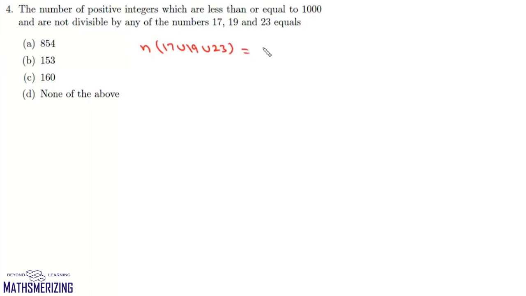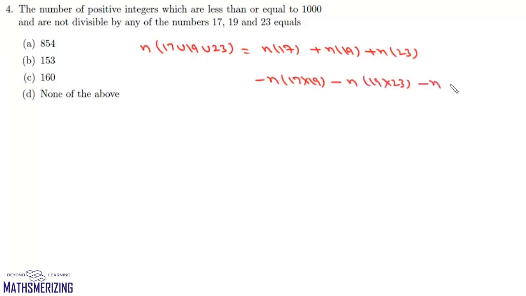Now it'll be equal to the number of numbers divisible by 17 plus number divisible by 19 plus number divisible by 23, minus number divisible by 17 into 19, minus 19 and 23, minus 17 and 23, and then plus the number of numbers divisible by 17, 19 and 23.